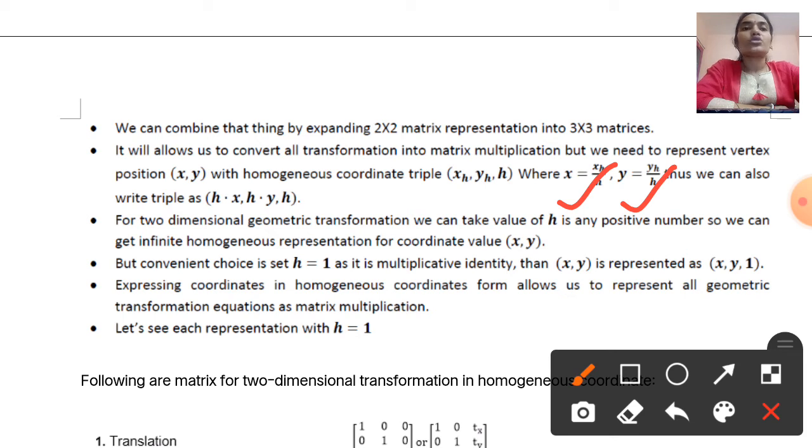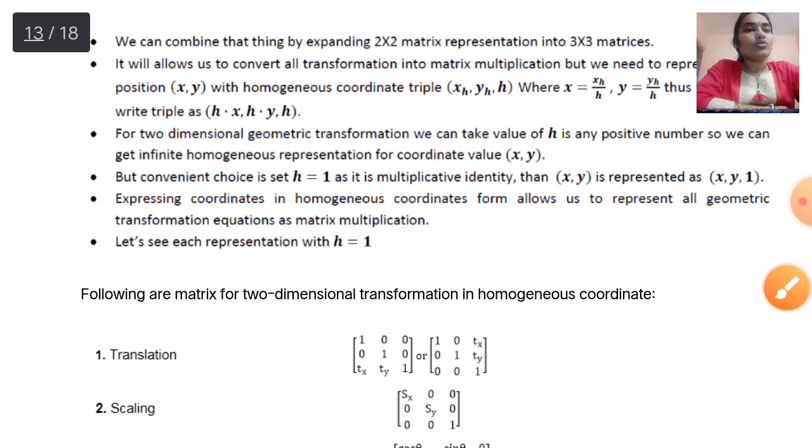For two-dimensional geometric transformation, h can be any positive number, so we get infinite homogeneous representations for coordinate value x y. But the convenient choice is h equals 1, as it is the multiplicative identity. Then x y is represented as x y 1.